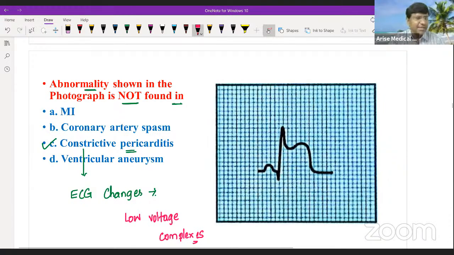But what ECG change is shown in the image? In the image, the ECG change you are seeing is ST segment elevation.